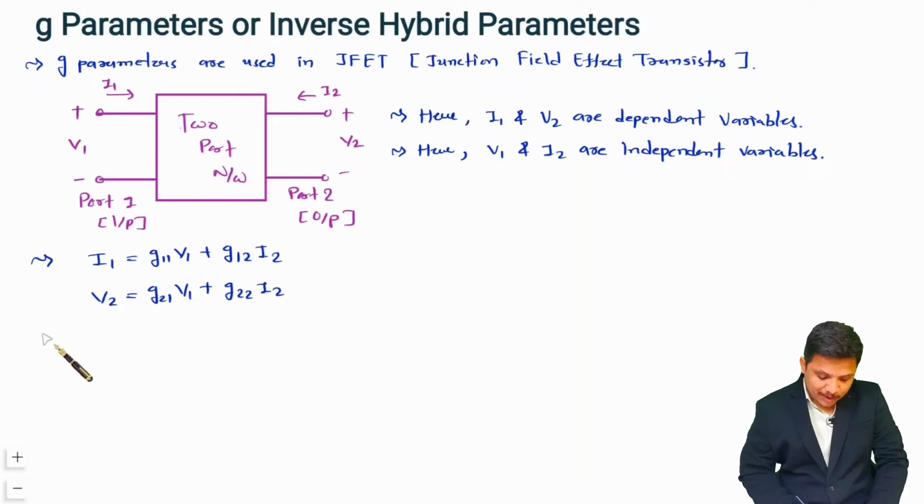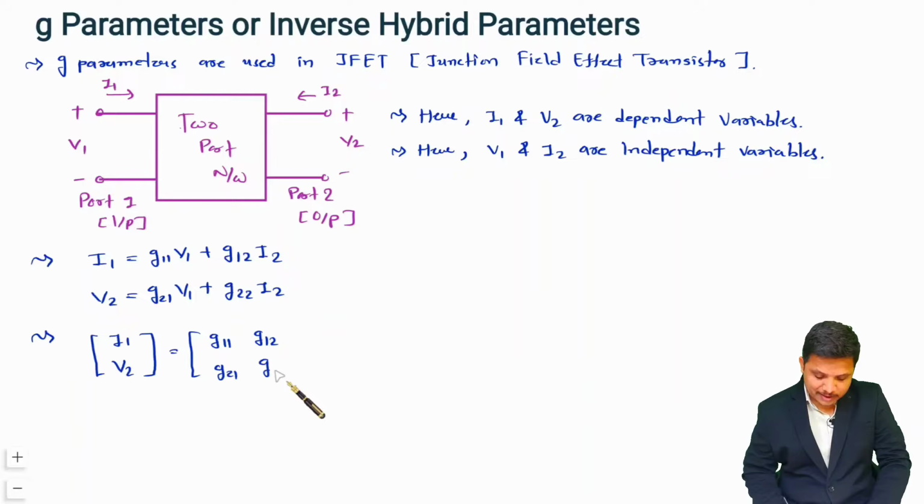Now, if you want to write these equations in matrix form, you can write I1, V2 equals the G parameter matrix, G11, G12, G21, G22, multiplied by the matrix of V1, I2.